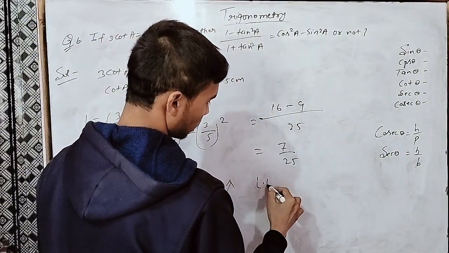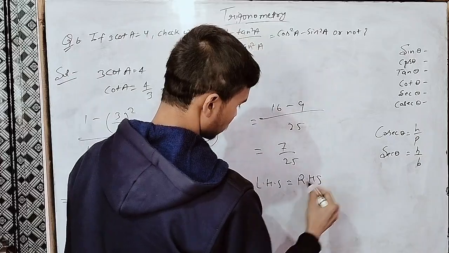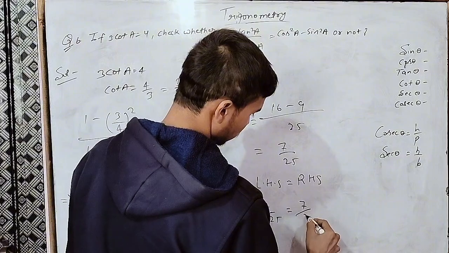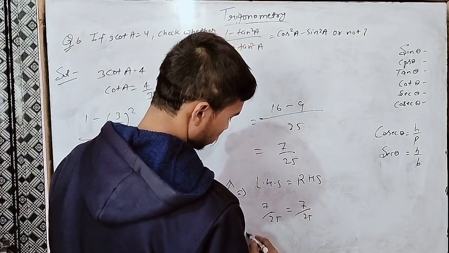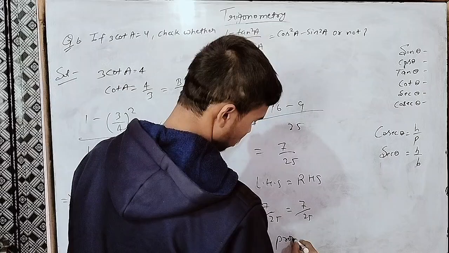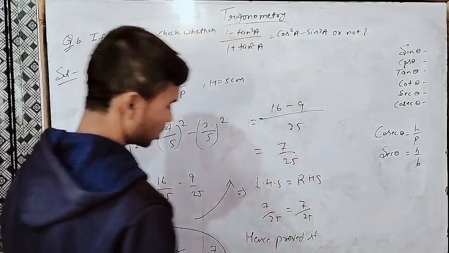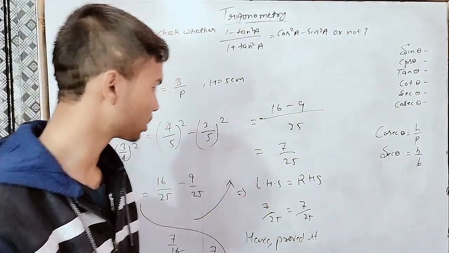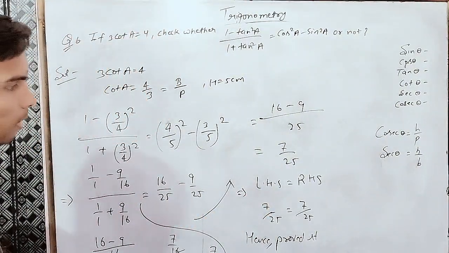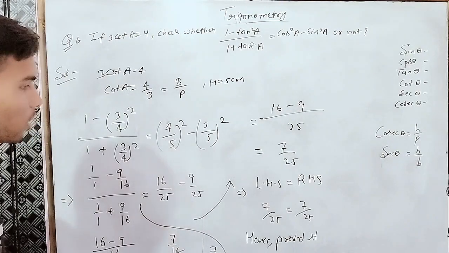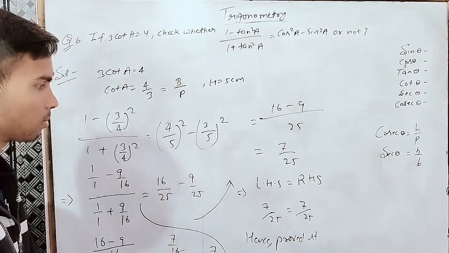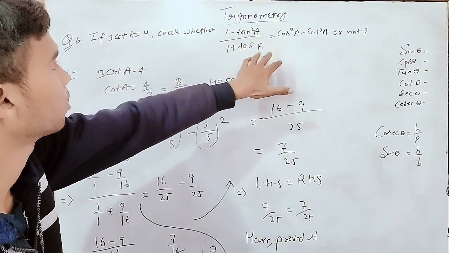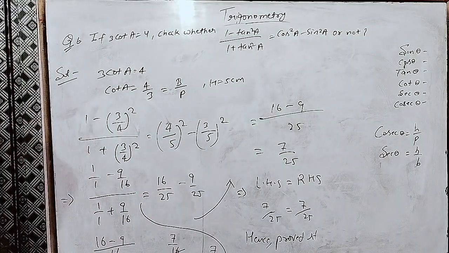LHS and RHS are both 7 by 25. Hence proved. The value of LHS is 7 by 25 and the value of RHS is the same, 7 by 25. That's why we can say that both sides are equal.